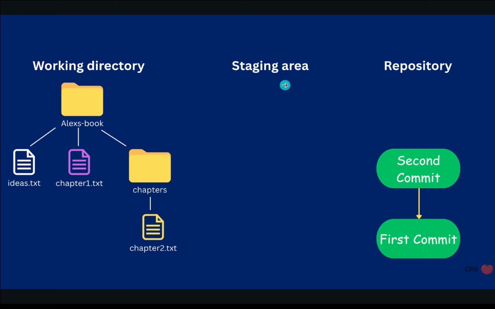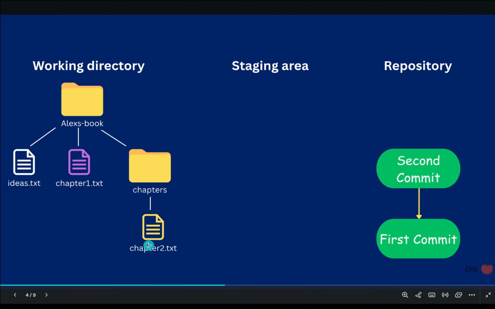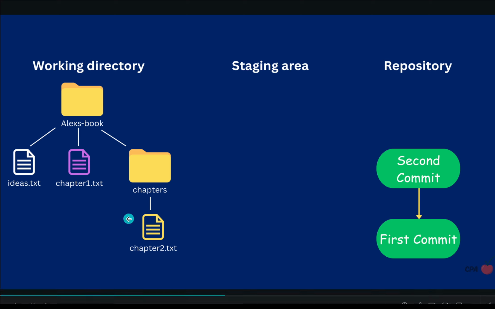So what is the staging area? This staging area, which is also called index, is what confuses many Git users. To explain what the staging area is, let's imagine that Alex has worked on chapter 1 and chapter 2 ever since the second commit, so she has some new changes for these 2 files.